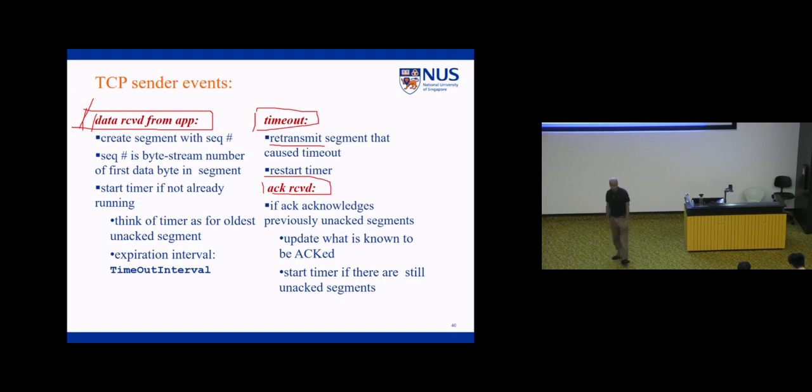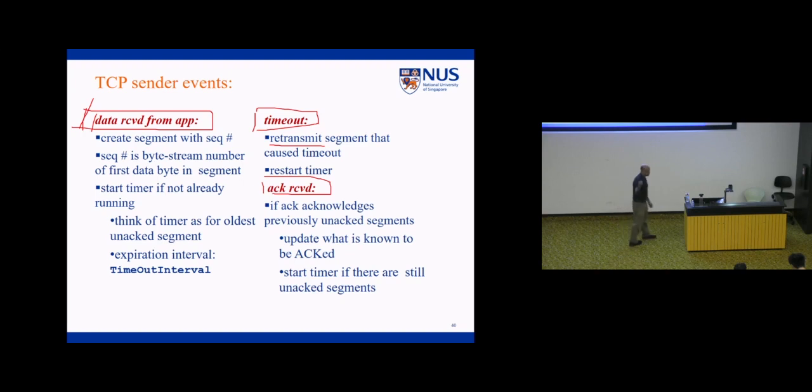But in TCP, I only retransmit the oldest packet, not everything in the window. So in that sense, it's somewhat like Selective Repeat. I may have sent 5 packets so far, and there's a timeout. I don't retransmit all 5. I only retransmit the first packet in the window.